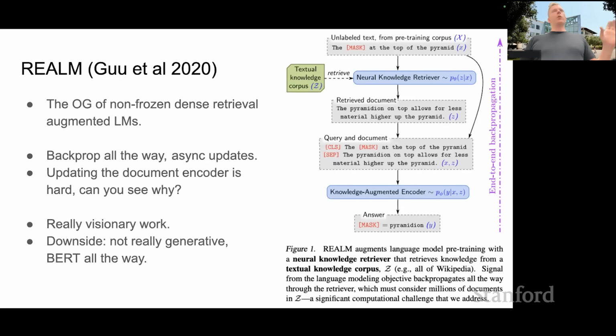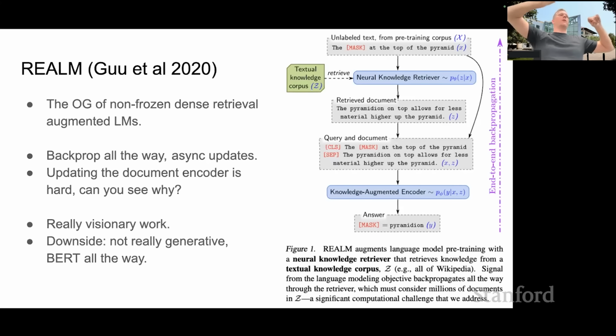So can someone explain to me why it's expensive to update the document encoder? So let's say we have 1 trillion tokens in our corpus, right? And now we go all the way. So we basically do a forward pass, we get a gradient at the end.